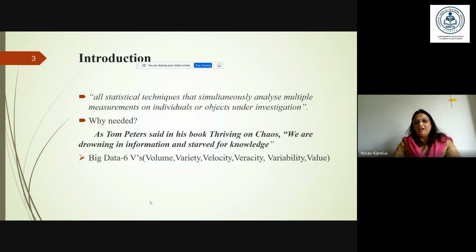Then fourth is veracity. You can see that all of you agree that when you do your research, at some time some data are missing. You lose the follow-up of the data. So first we exclude this missing or lost to follow-up data. Then we come to the concept of per protocol analysis or intention to treat analysis.